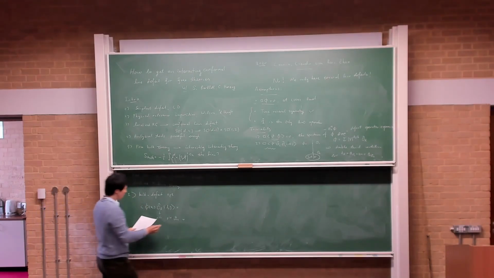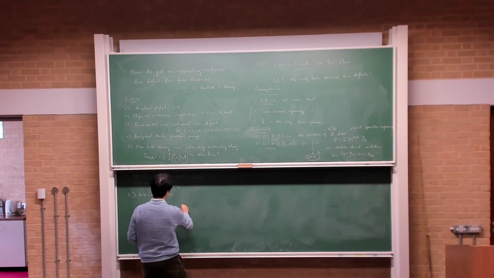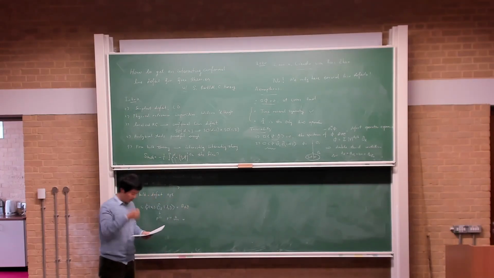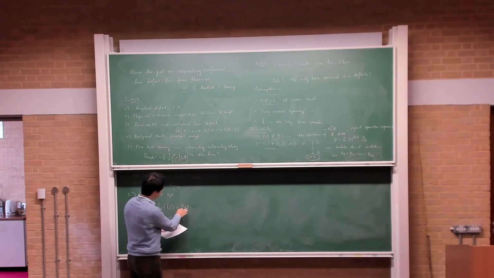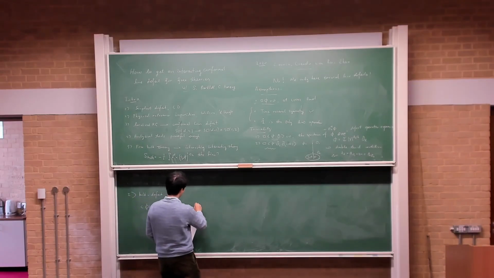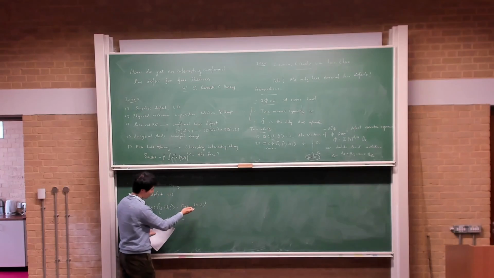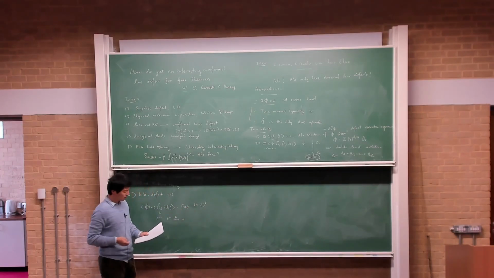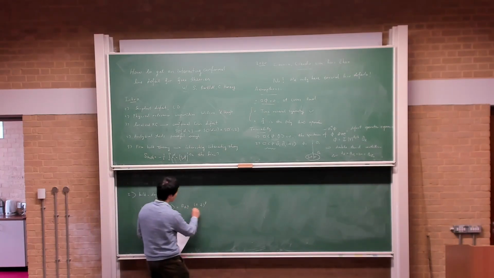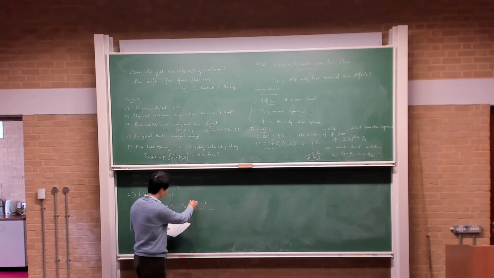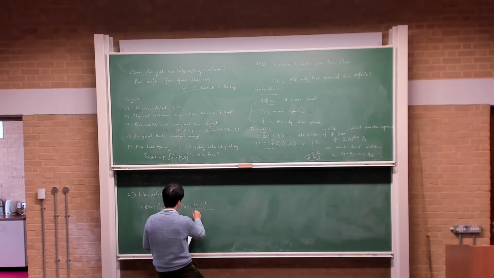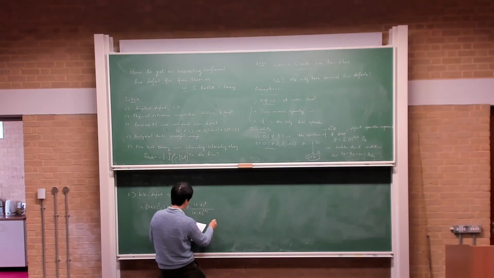And this form can be fixed up to a datum, which is the bulk to defect OPE coefficient. And in the denominator, it tells us about the transverse spin structure, and it has the following structure that is purely fixed by the conformal symmetry.